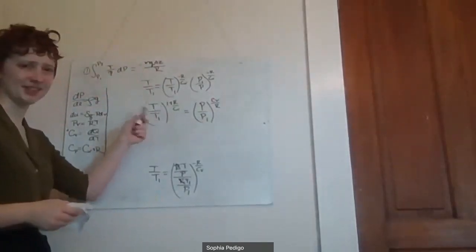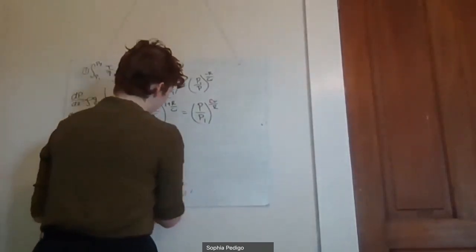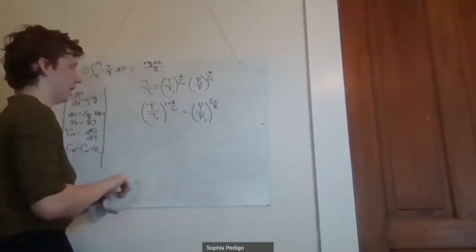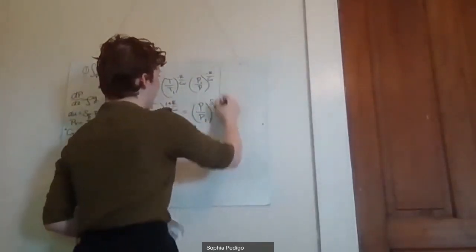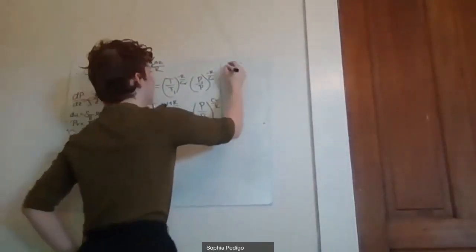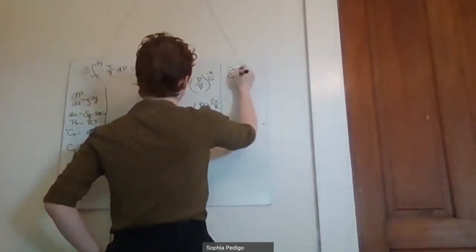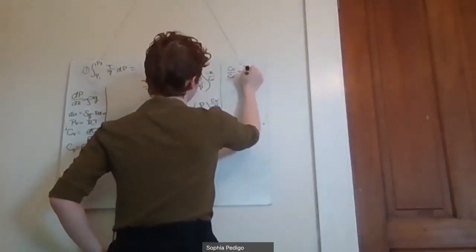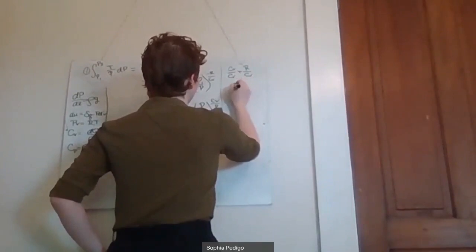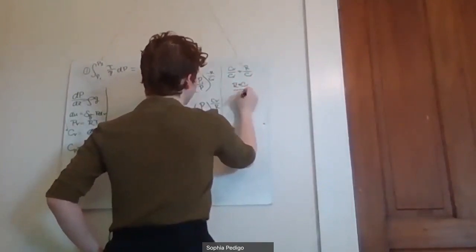Now we've kind of got a messy exponent over here, and we're going to simplify that really quick. So this can really be rewritten, that one, the one over there, can be written as CV over CV plus R over CV, and then we end up with R plus CV over CV.